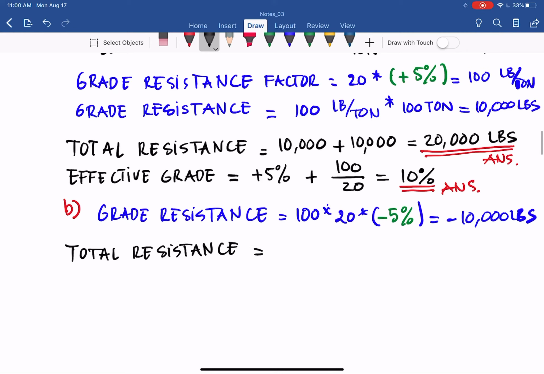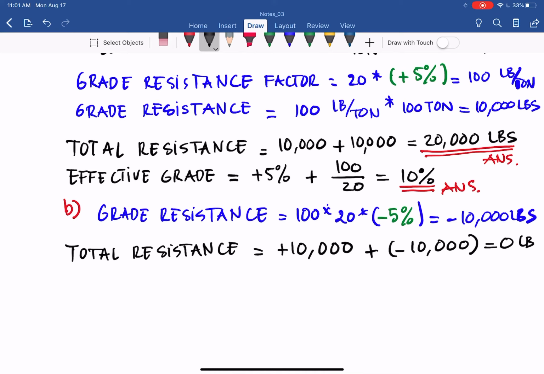It equals rolling resistance, which remains unchanged regardless of going uphill or downhill, plus negative 10,000 because it goes downhill, and then we get 0 pounds. So in this case there is no resistance, because the weight going down is equivalent to the resistance due to the rolling.